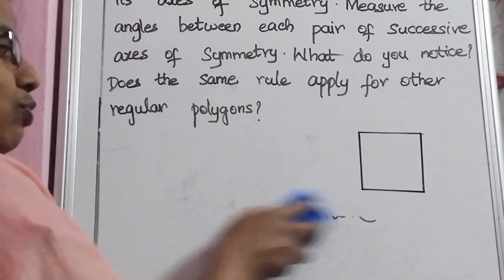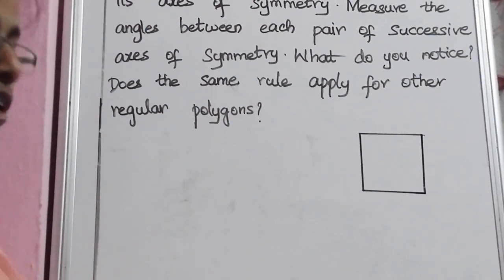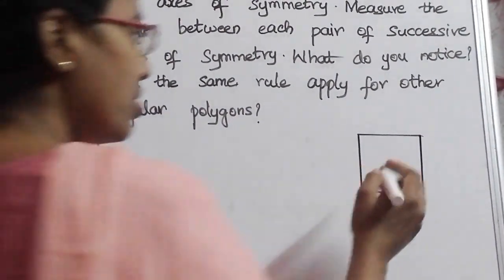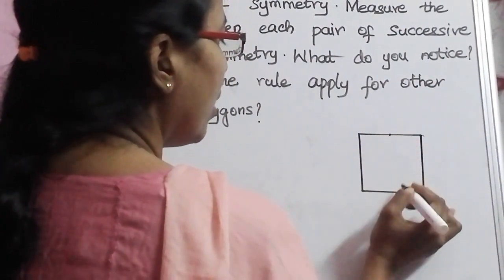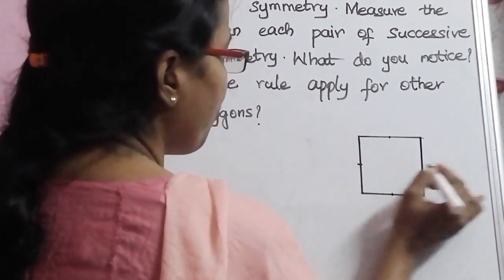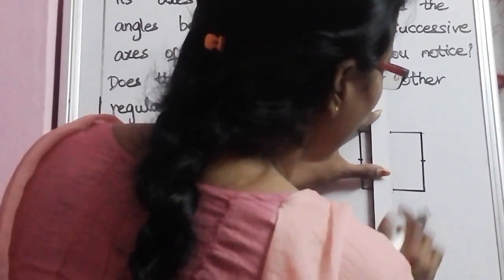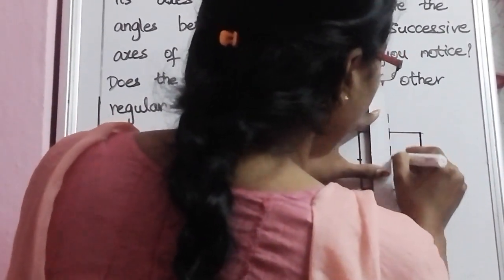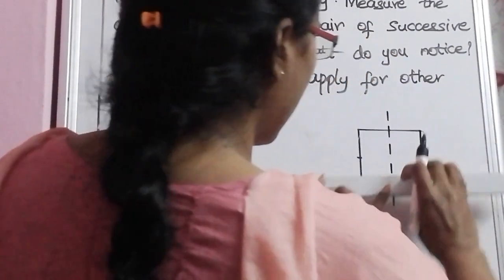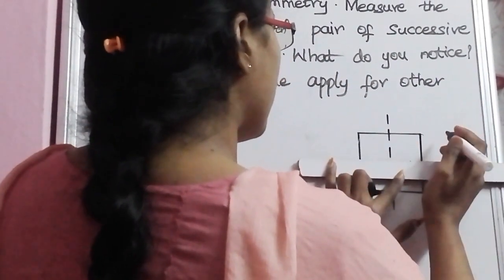For a square, you know that all the sides are equal. So let us draw the lines of symmetry. So dotted line showing the line of symmetry. This is one.